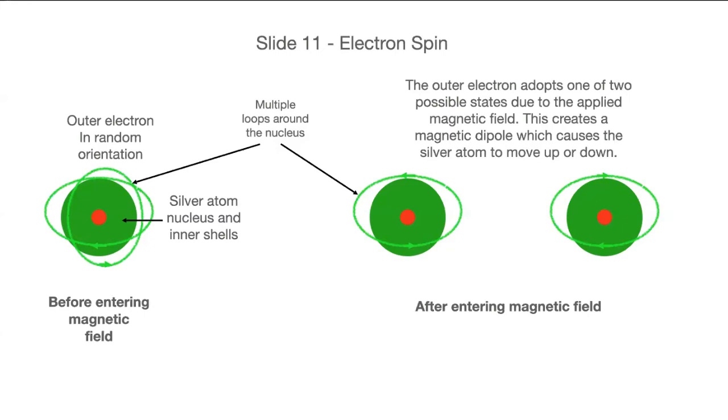So this is a much better explanation of electron spin, and it also is a better explanation than trying to give spin some mysterious quantum properties where you say, well, it's a superposition of spin up and spin down, which actually doesn't really make a lot of sense.